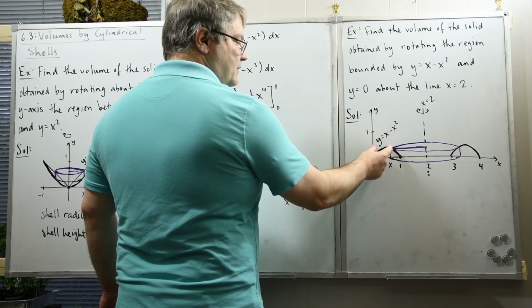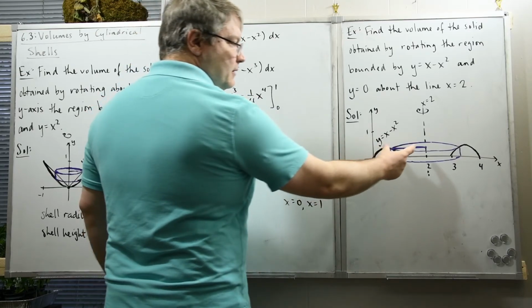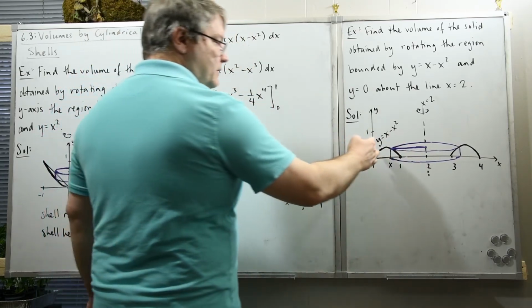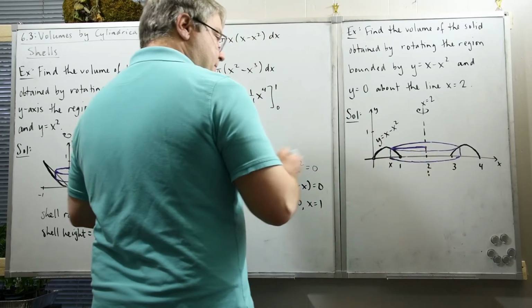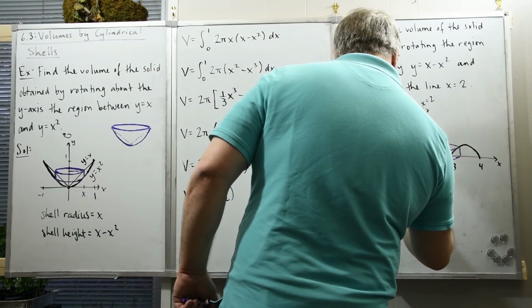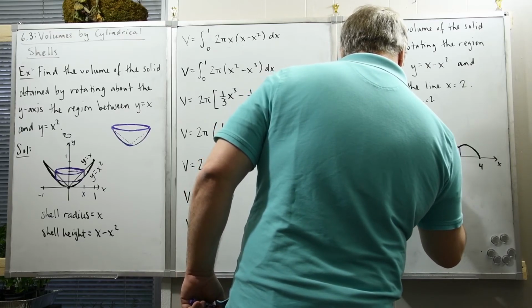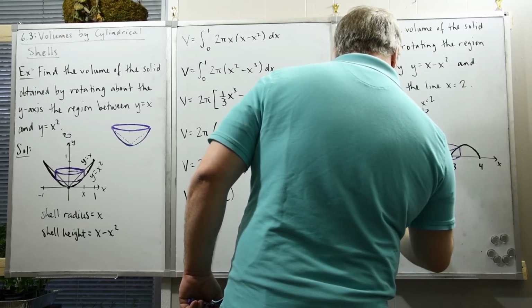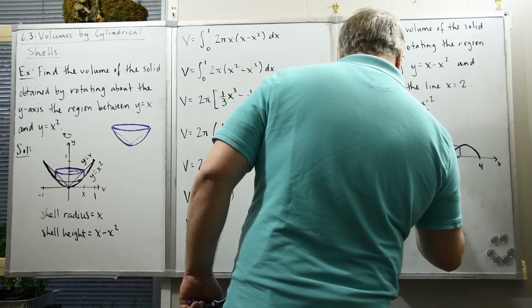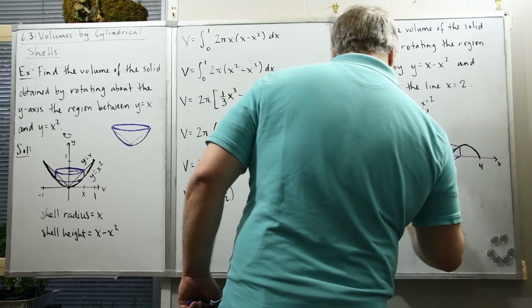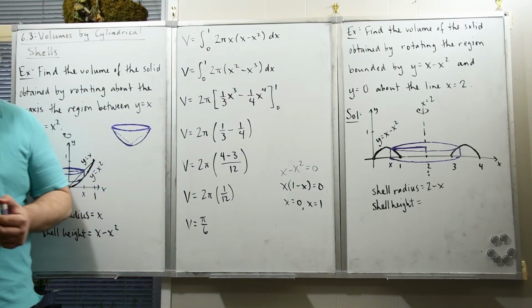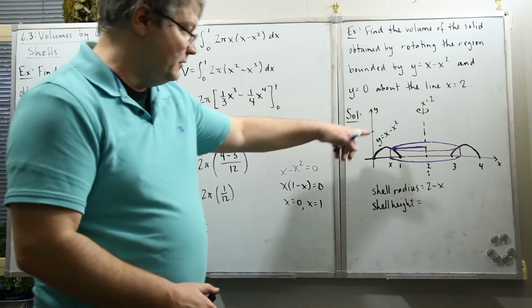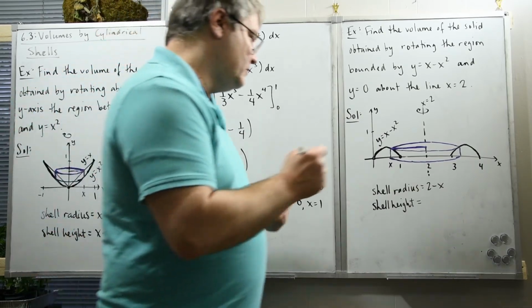But you're taking away this distance of x from that to get the shell radius. So you take 2 minus x, it leaves you with this. So our shell radius is 2 minus x. Shell height here is not too bad. You take the distance from the x-axis to the curve, and that's x minus x squared.